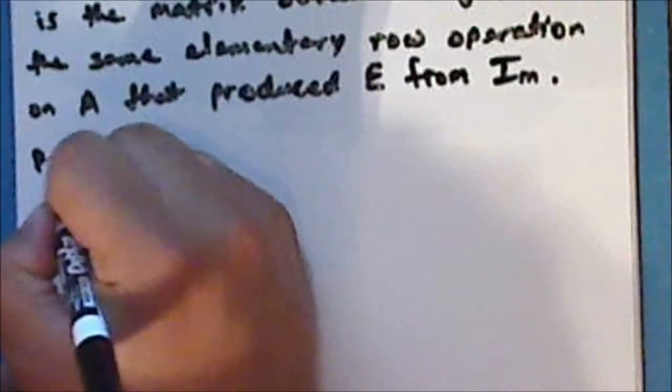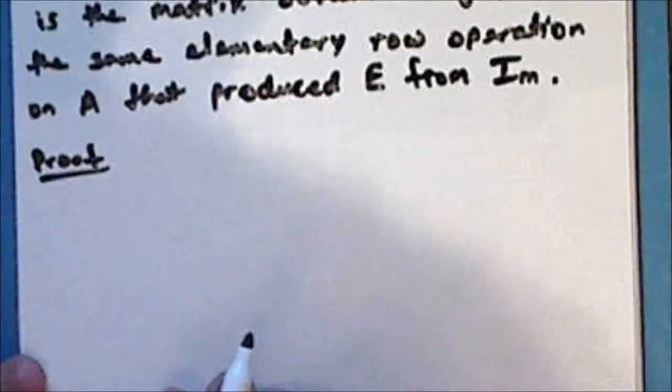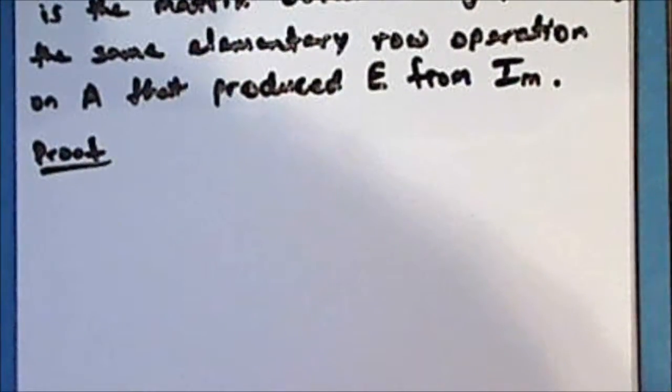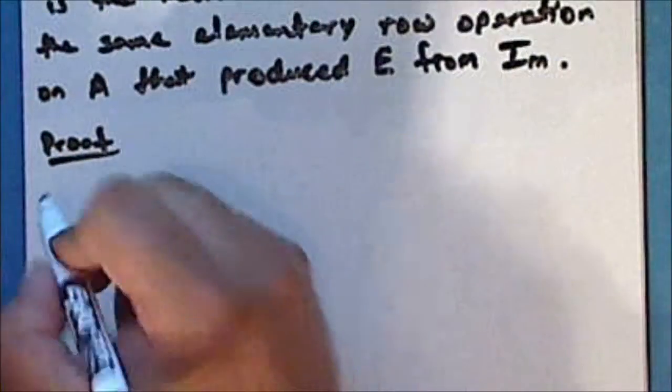So proof. Now there are three types of elementary matrices, and so we have three cases.